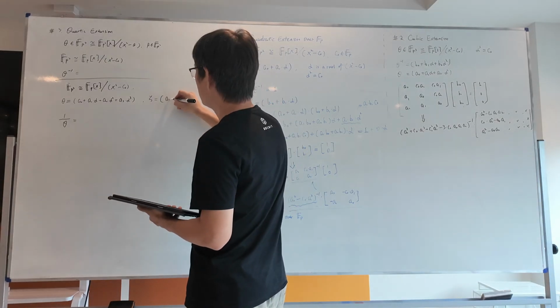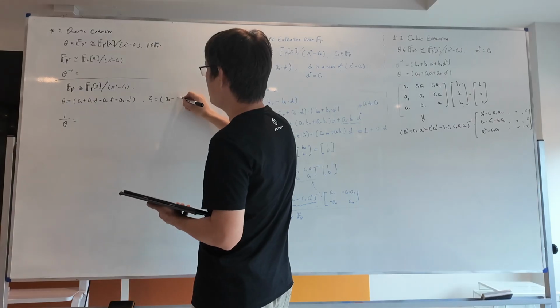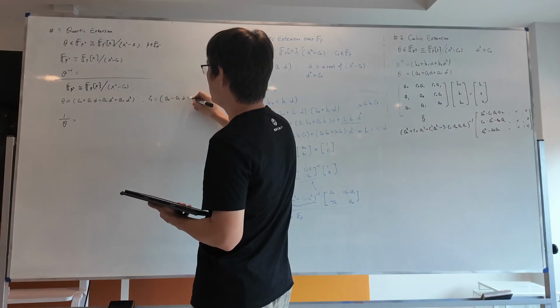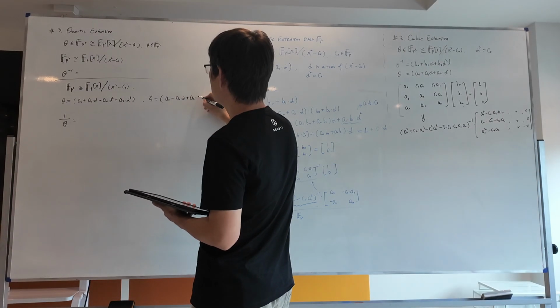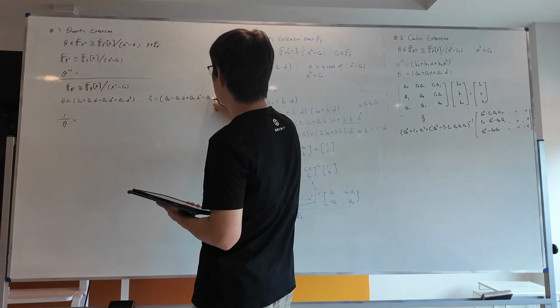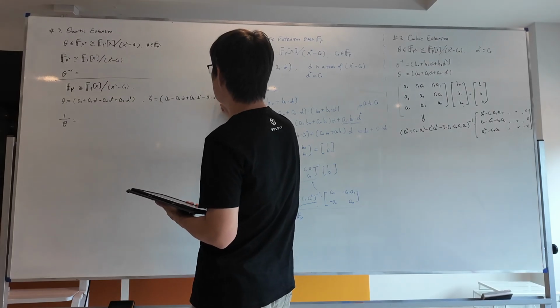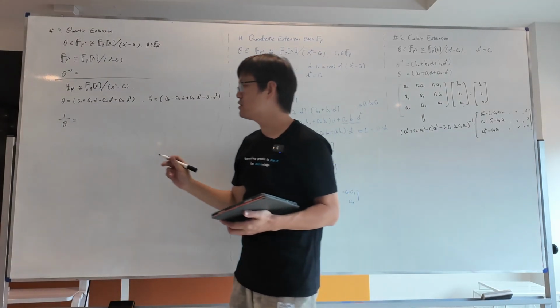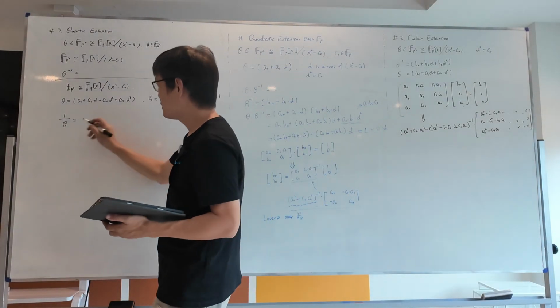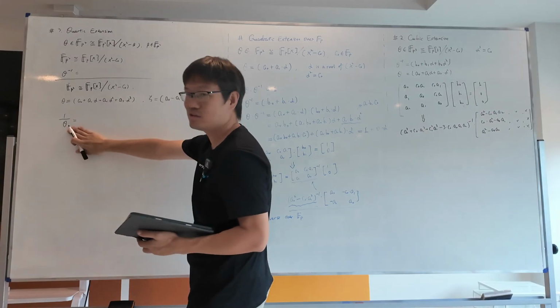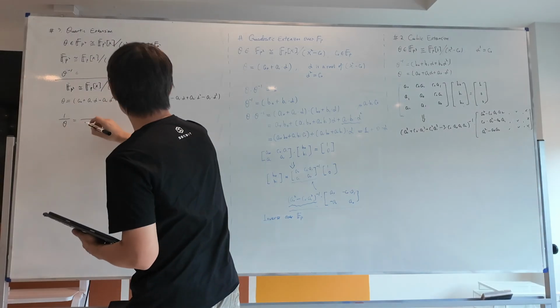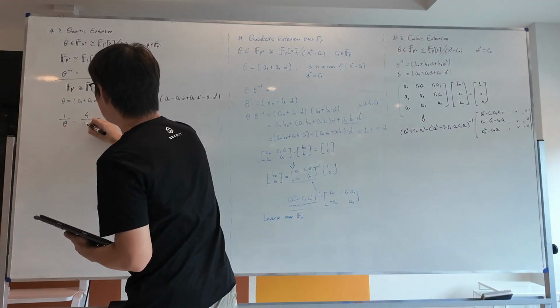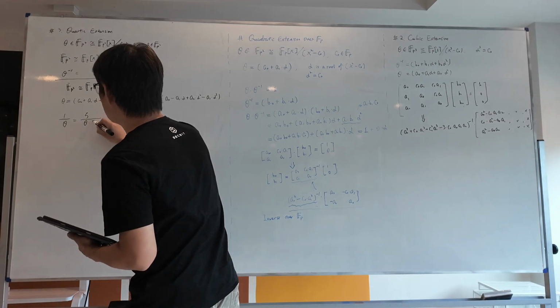Here's the trick: zeta equals A0 minus A1 alpha plus A2 alpha square minus A3 alpha cube. And then we change this definition into theta times zeta.